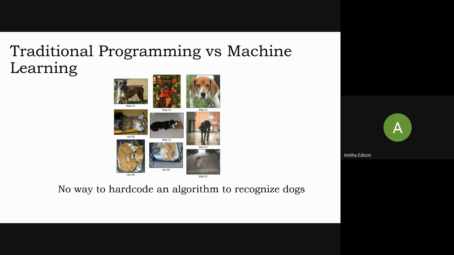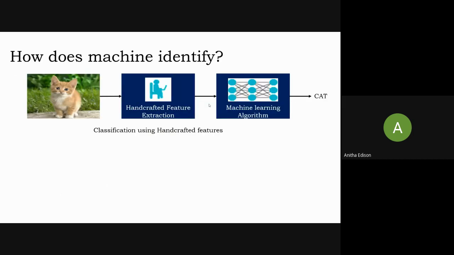And so the machine learning algorithm learns something, and finally when we give test data which the algorithm hasn't seen before, it will be able to identify. So that is how the machine learning algorithm works. So how do these machines identify? When I'm given a cat image, what I have to do first is extract some handcrafted features, some features which make this particular image distinct.